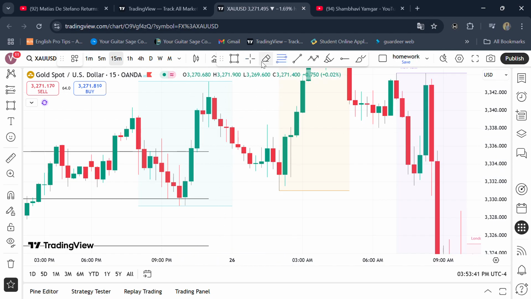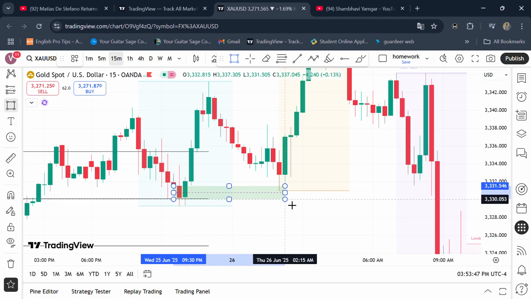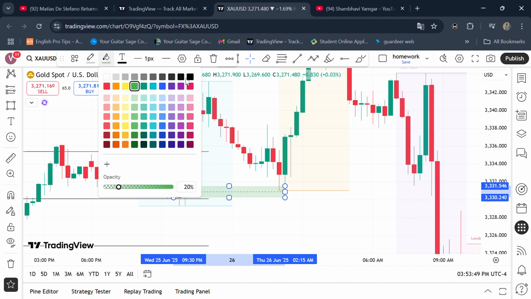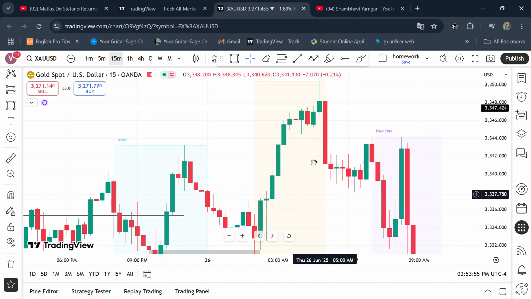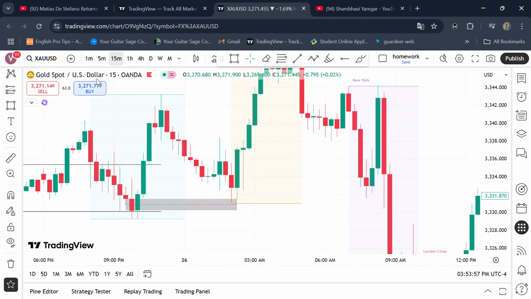That means it's also an order block. And if we take the body of this red candle, you will see how price has respected this exact region in the London session, and that's how we got our London entry.